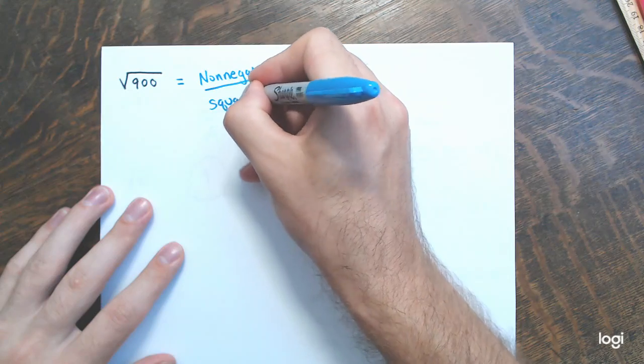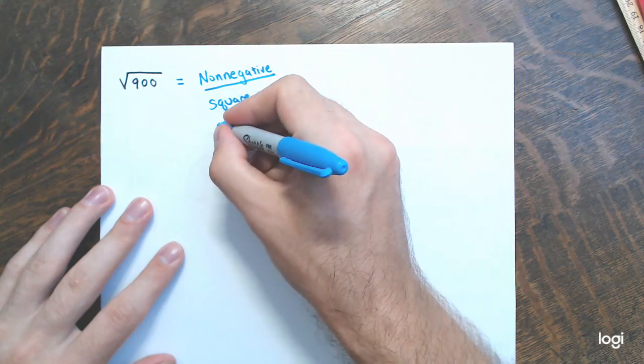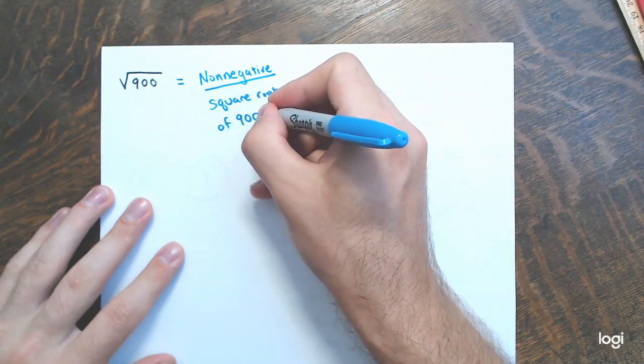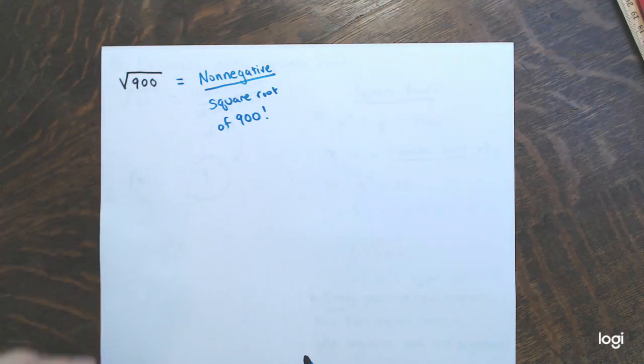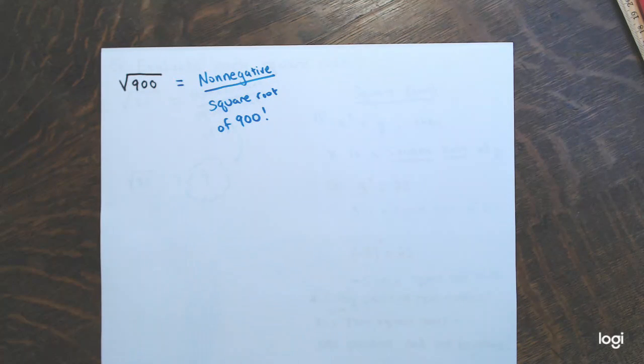The square root of 900. So what non-negative number, a positive number, when you square it, would give me 900? And that would be 30. And again, you think about it a little bit: 3 times 3 is 9. So that would give me the 9. And adding a couple zeros there, 30 and 30 would give me 900 when I multiply them.